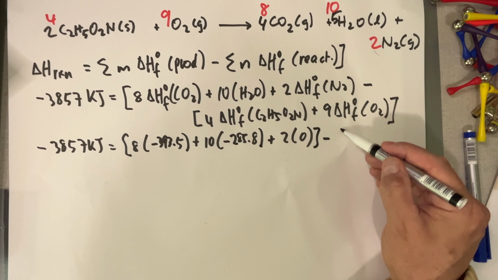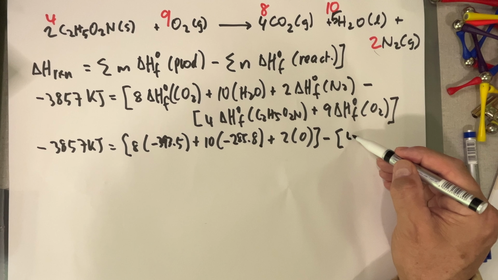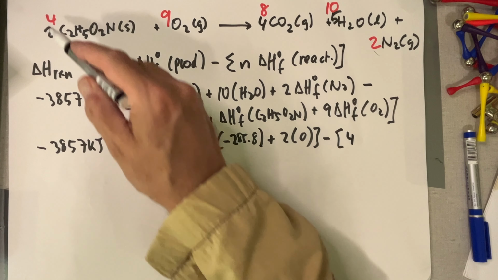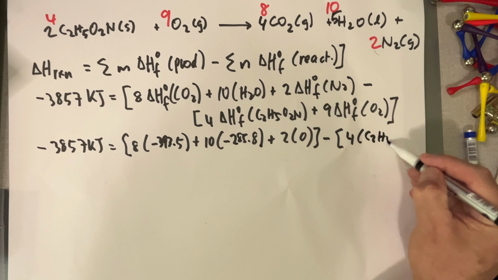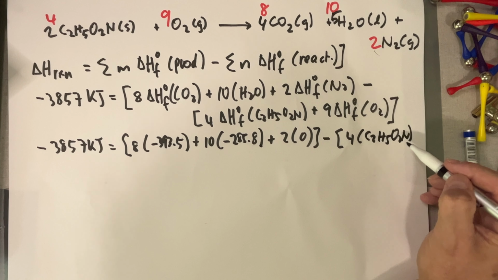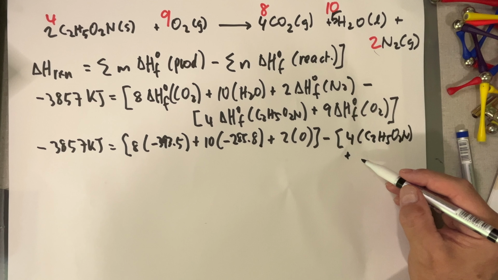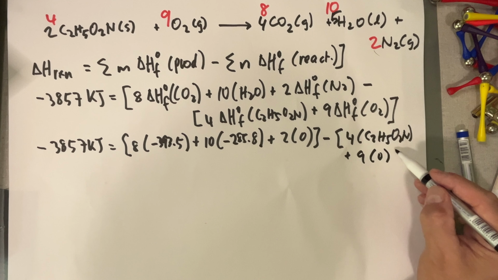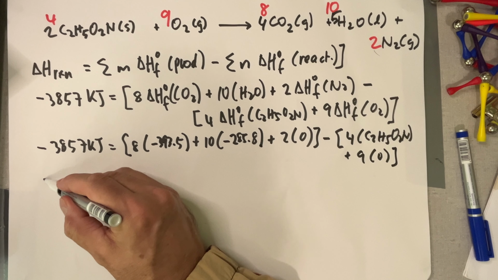Minus. Now we're moving over to the reactants. For, in the balanced equation, the glycine, C2H5O2N, plus 9 for the oxygen, which is 0, gives that value.